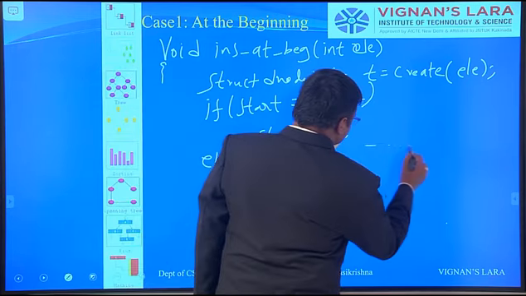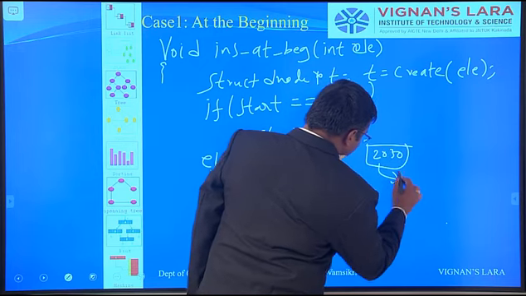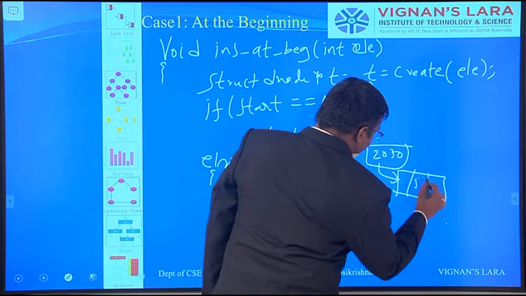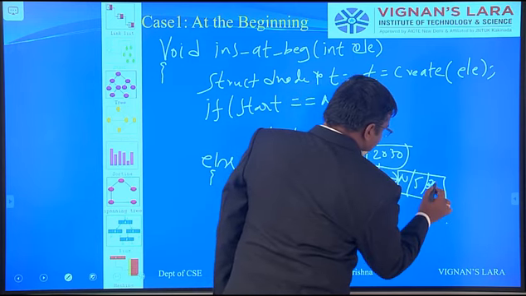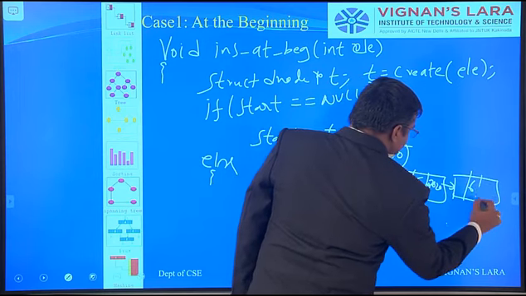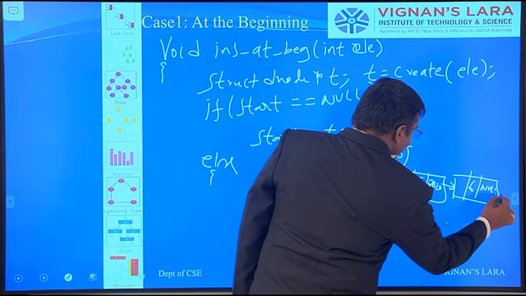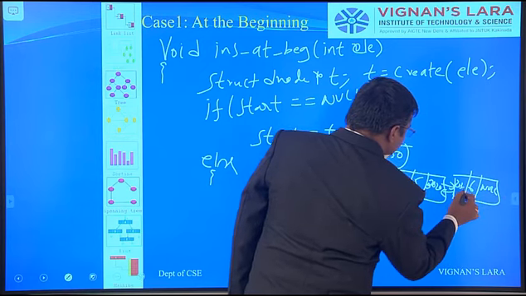What are the pointers? Say for example 2030. Here 5 is an element, null. Say here 3020. Say this is 6, and this is null. Here the return pointer address is say 2030.